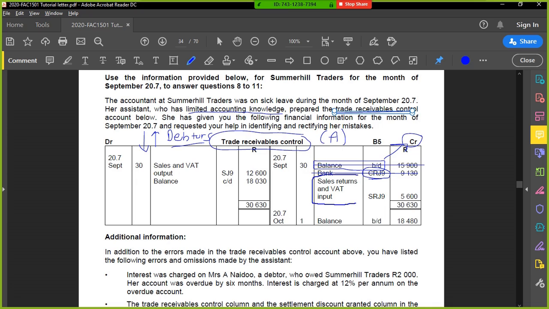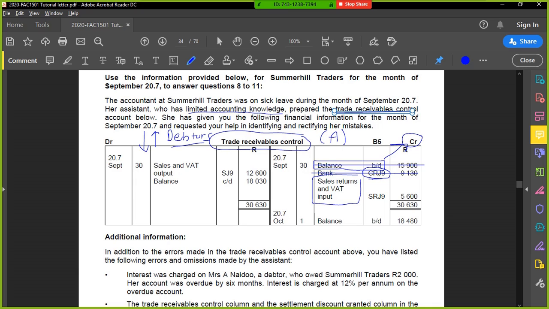What happens when you have a sales return? They're returning the goods, so it's something to do with your debtors. What happens to your debtors? They decrease. Very good. So again, this is correct. Sales returns would be viewed as what?